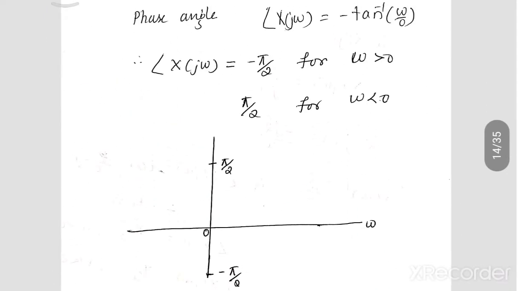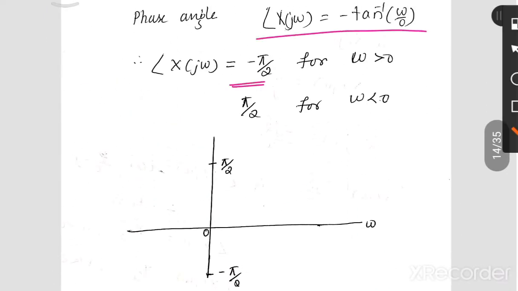Similarly, we get the phase angle. As we have said, it is minus pi by 2 for omega greater than 0 and pi by 2 for omega less than 0.